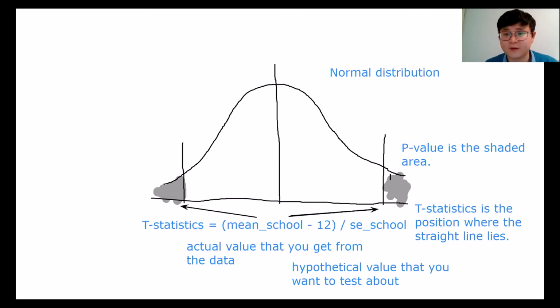So actually everything is consistent from the last seminar to today's seminar, from confidence interval to hypothesis testing to regression. They are all consistent, including the way that we calculate the t-statistic or p-value.